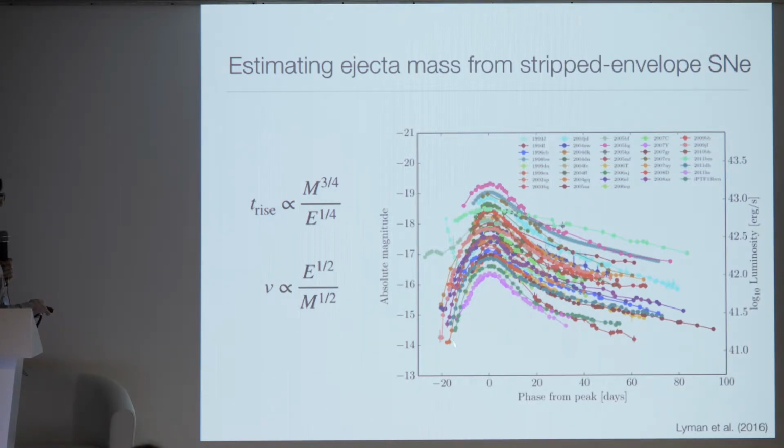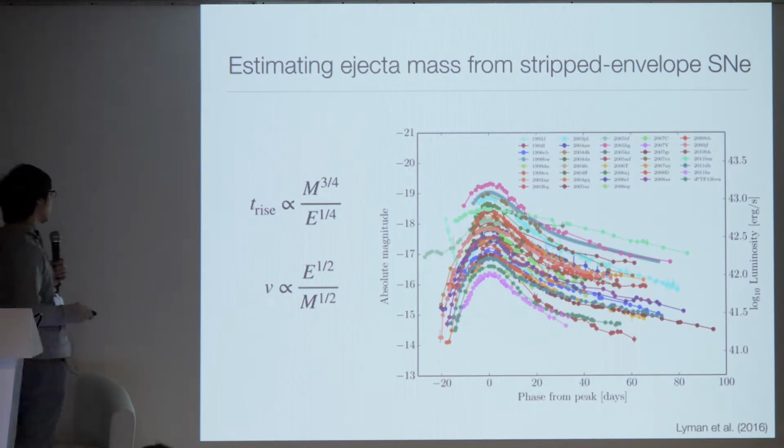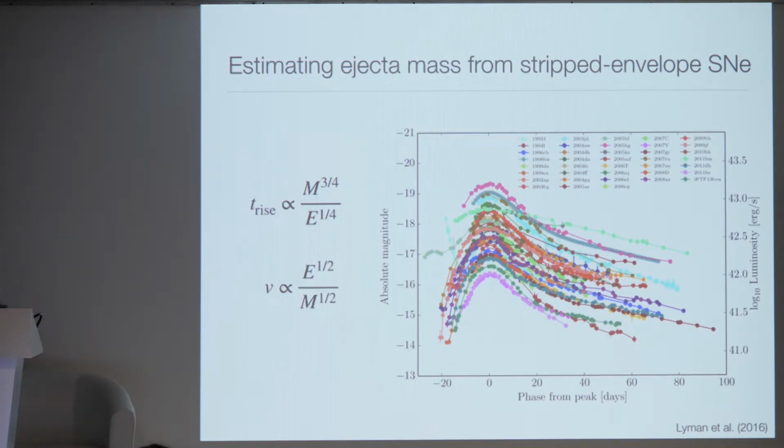One way to estimate the mass of the supernova progenitor is to use these light curves, and as we have already seen, this time scale is in this way, and if we have a spectrum, then we can also get the information on velocity, and that will lead to the mass and the energy estimate from the supernova observations.